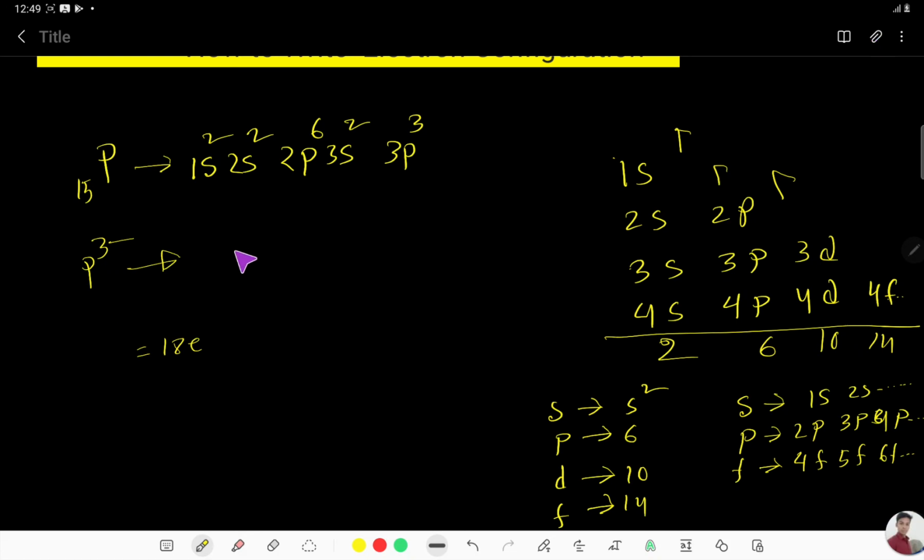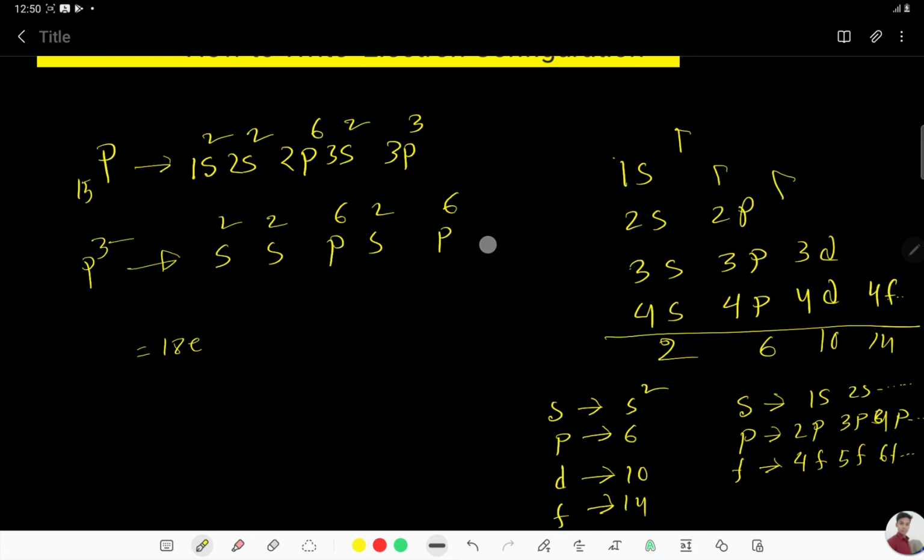Now write the orbital sequence: s, s, p, s, p, s, right? Then you need to write d, p, s, or f, d, p, s according to your need. So 2, 4, 6, that is 10, 12, then 12 plus 6, 18.